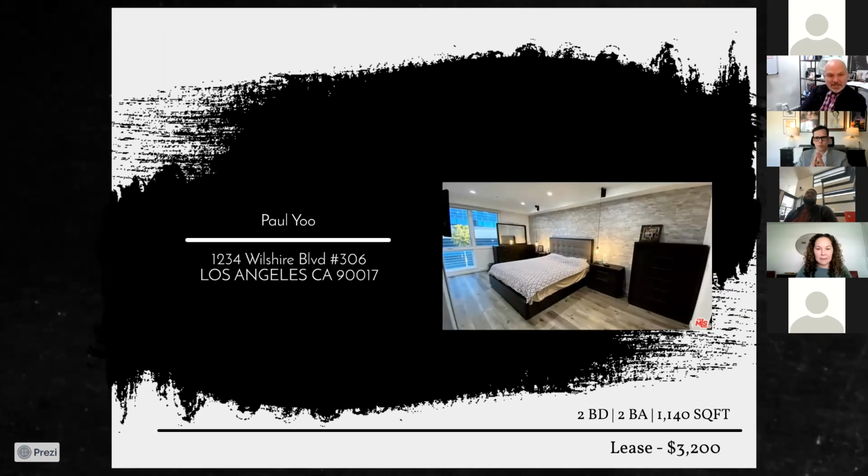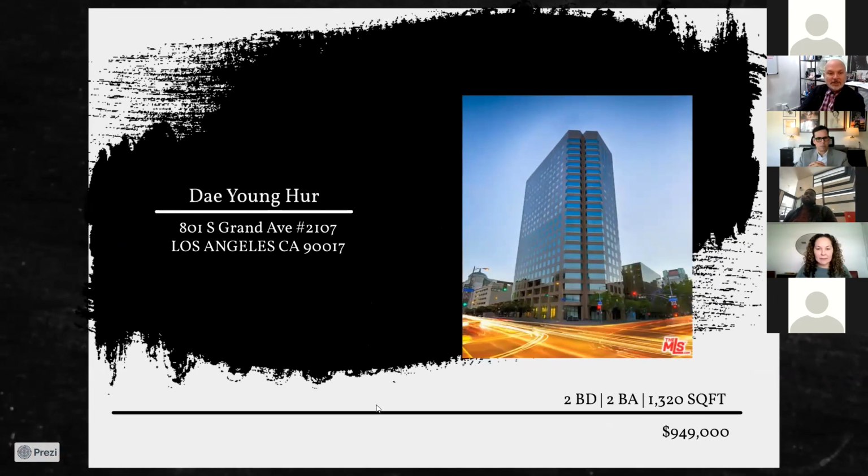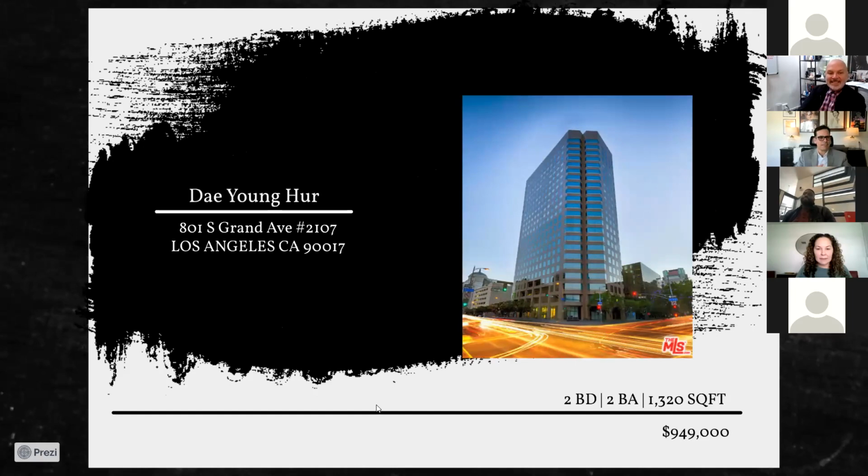Paul Yu has a new listing at 1234 Wilshire. Condo on the 3rd floor, I assume, 2-bedroom, 2-bath, 1,140 square feet, lease for $3,200. Sexy little number. Also, Day has a 2-bedroom, 2-bath on 801 South Grand, 1,320 square feet for $949,000.